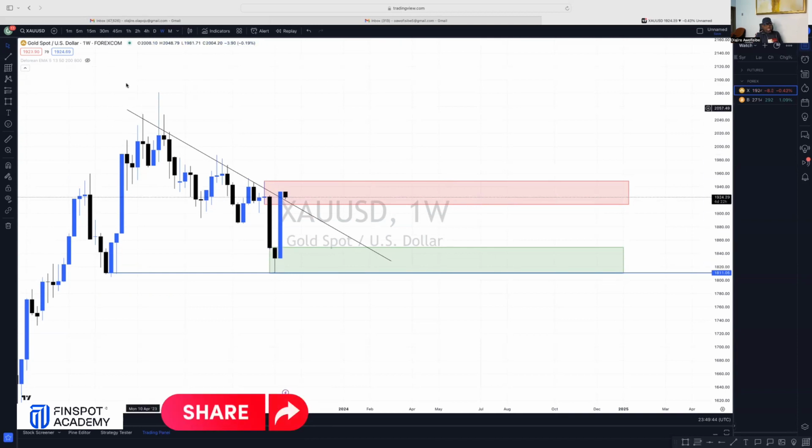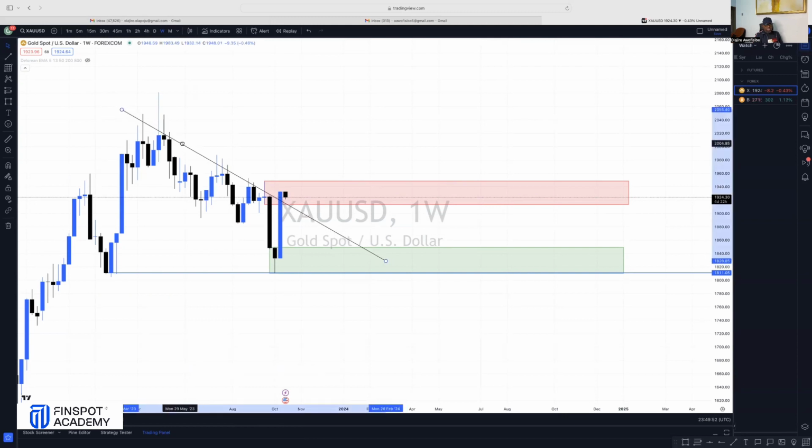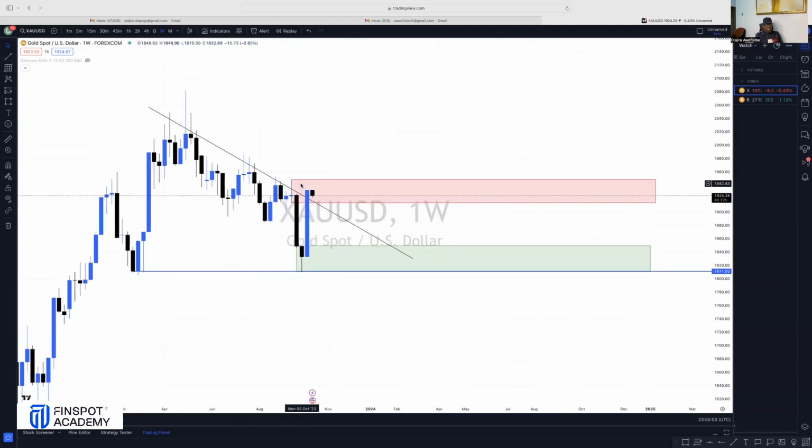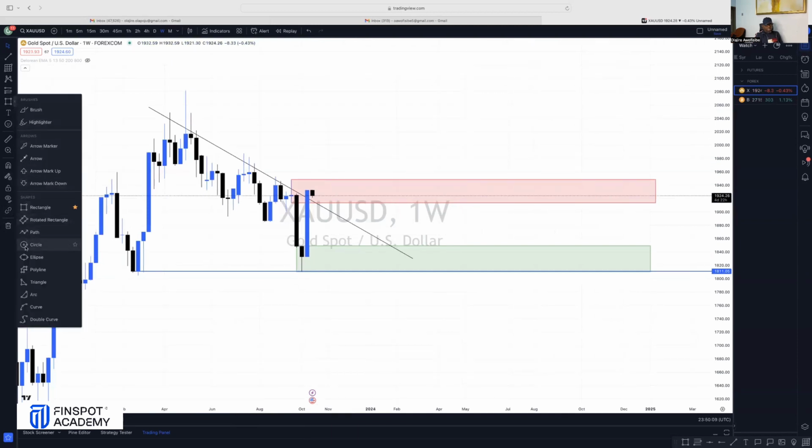above the trend line that has been holding since precisely this trend line has been, let me adjust it a bit to the body, doesn't matter. It has been holding since March 2023. This is the first time we are seeing a bodily closure above that trend line.